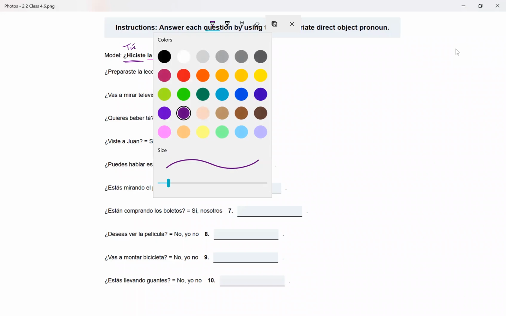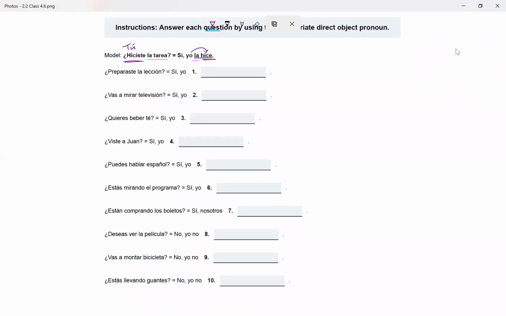Okay? The direct object pronouns that we're going to be using on this activity are the same ones that you guys have mostly seen. So we've been using pretty much the same four: two masculine, two feminine, two singular, and two plural. So what four do we think I'm talking about?